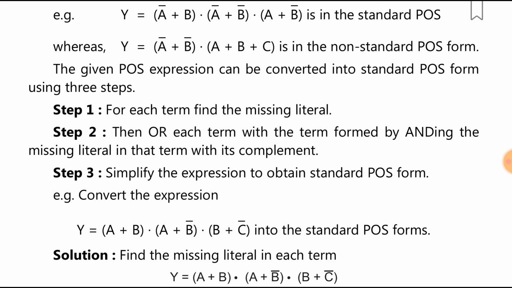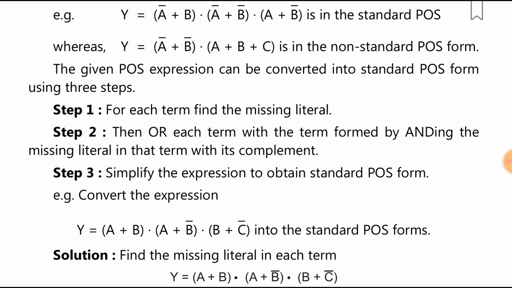The given POS expression can be converted into standard POS form using three steps. Step 1, for each term, find the missing literal. Step 2, OR each term with the term formed by adding the missing literal in that term with its complement. Step 3, simplify the expression to obtain standard POS form.